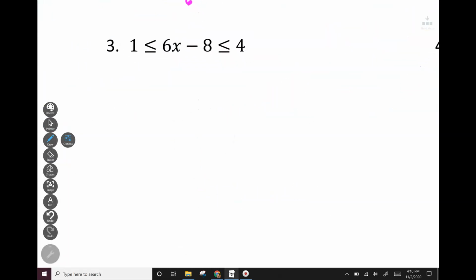All right, number 3. So this one is called a compound inequality. So solving for x, you're trying to isolate this x that's in the middle. Make sure that whatever you do to the middle, you do to both sides over here. So you're going to do it to both outsides. So first, add the 8.